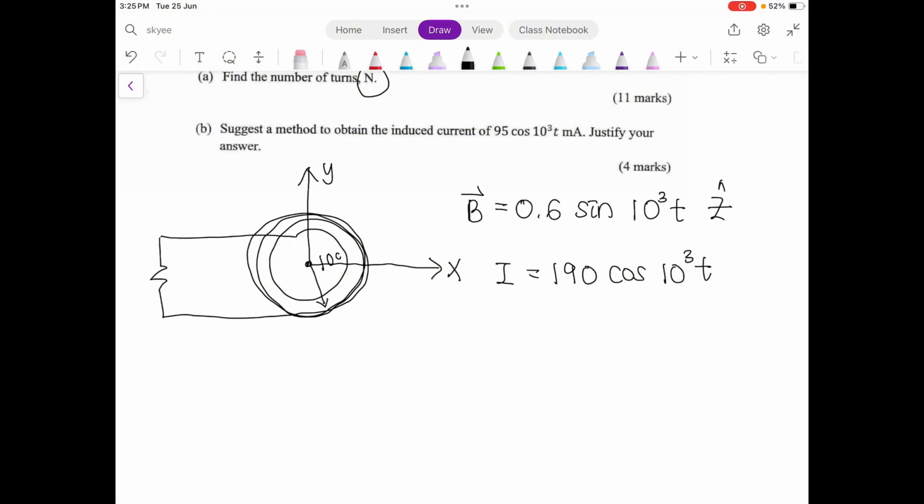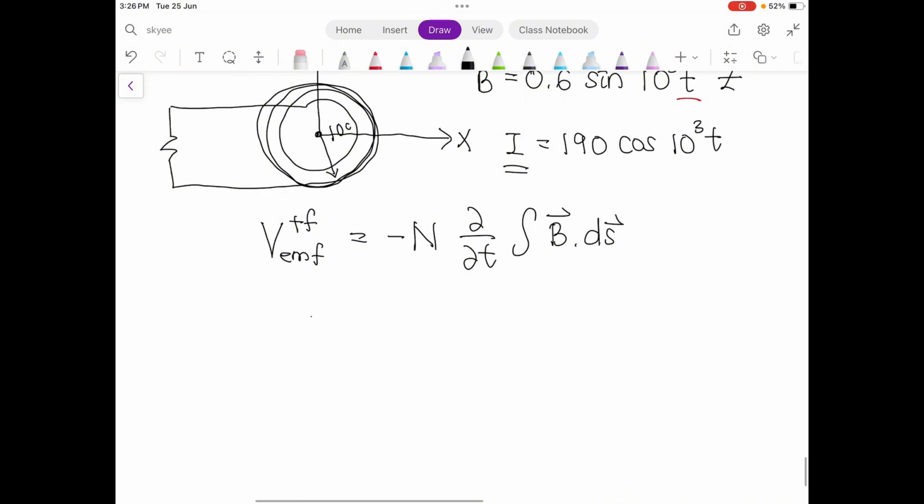So you know that when you have a loop of wire and a time varying magnetic field, you are going to generate the transformer EMF. This is the equation for transformer EMF, integrate B dot ds. They tell you that the I is given.